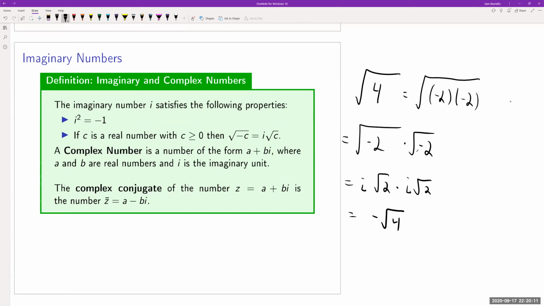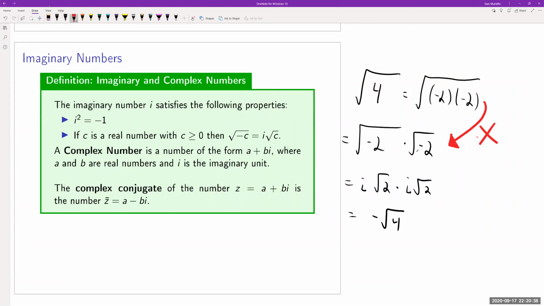Well, the important thing here is that you are not allowed to do this step. You cannot split up a square root when the pieces are negative. You must first either simplify or pull out the i, and then you may split up, not before. Otherwise, you will get a false answer.